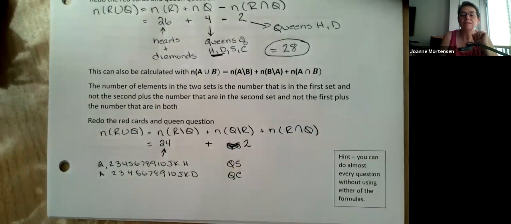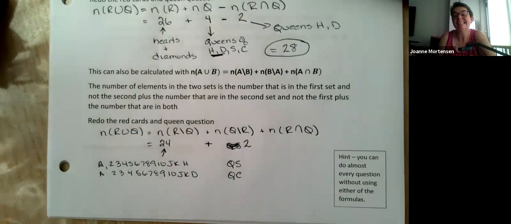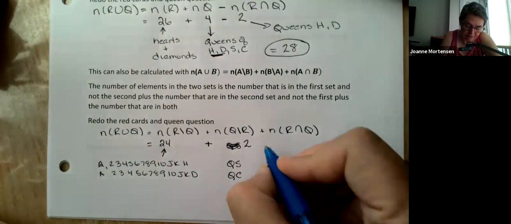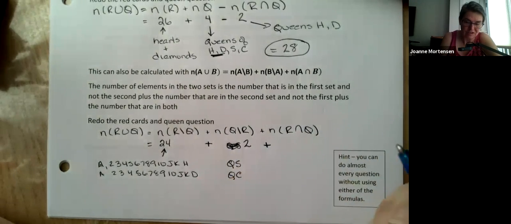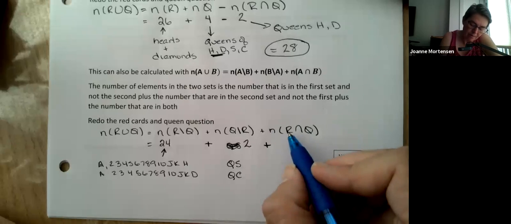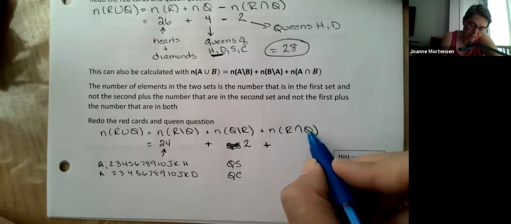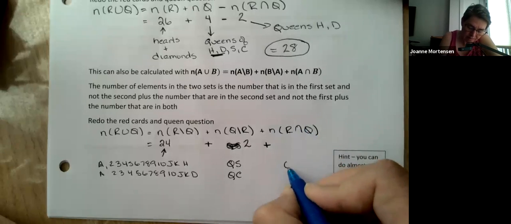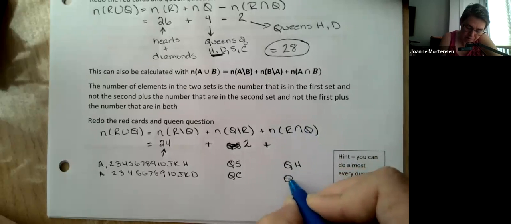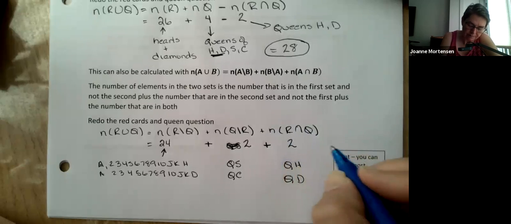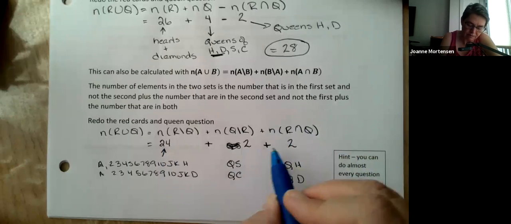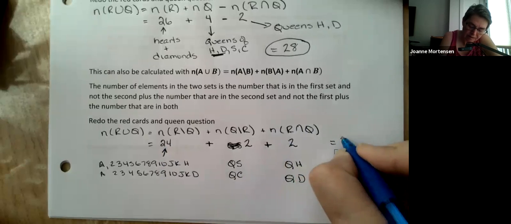Sorry, I would do this in pencil, but you can't see it. I did buy myself some fancy erasable pens, but truthfully, the ones I bought don't work very well. Sorry, going off topic there. Plus the ones that are red and queen. So that's going to be the queen of hearts and the queen of diamonds, which is 2. So 24 plus 2 plus 2 is going to be 28.